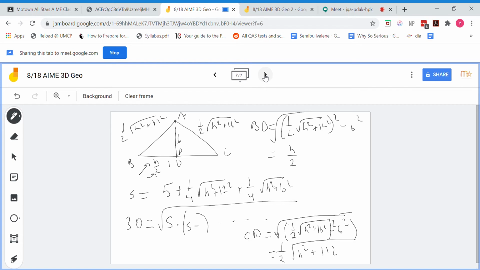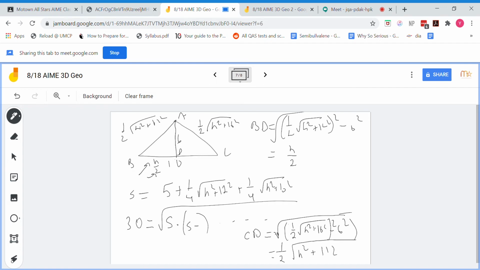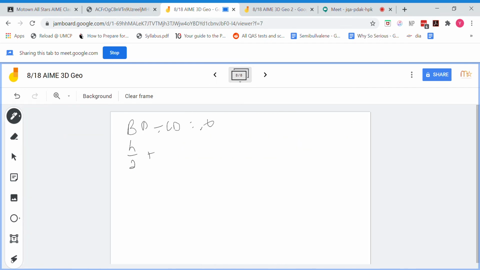And now we know BD, we know CD, so an easier way to do this might be: we take BD plus CD equals 10, and so now we plug in h over 2 plus half square root of h squared plus 112 equals 10. And this is a simple equation that we can all solve, right?